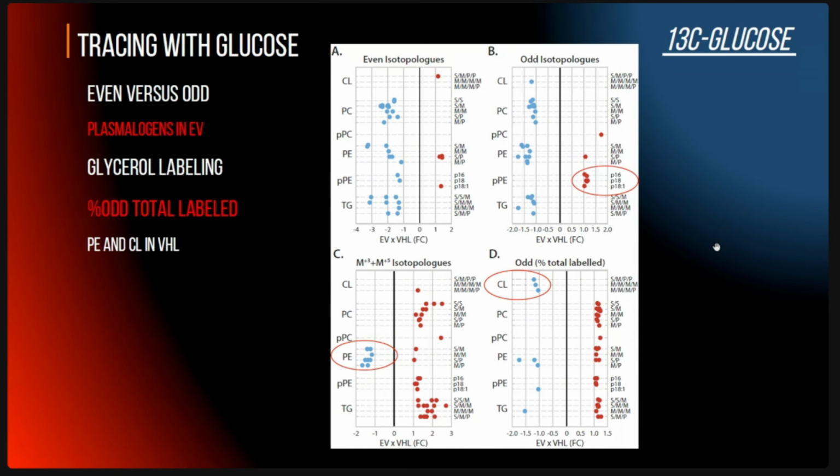And then what I wanted to show with this plot was the isotopologues. I divided them by even and odd. Odd meaning that most likely the label was in the glycerol moiety rather than in the fatty acid, because of the glycerol 3-phosphate.